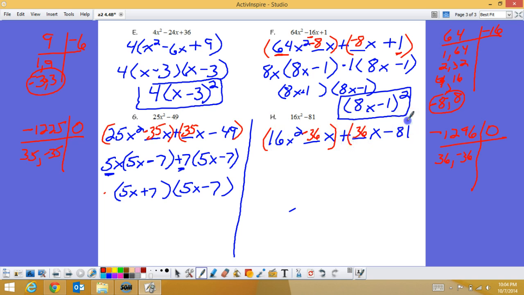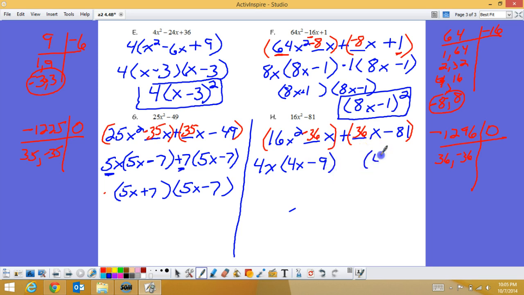Group the first two and the last two. So out of that first set, we can factor out a 4. 4 goes into both 16 and 36, and an x. What do we multiply 4x by to get 16x squared? 4x. What do we multiply 4x by to get negative 36x? Negative 9.